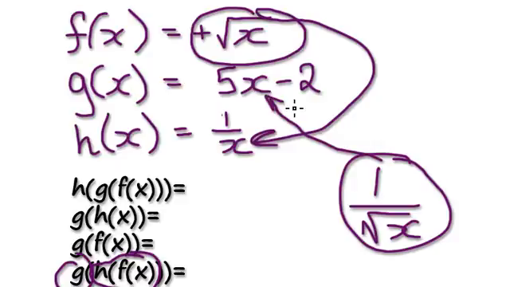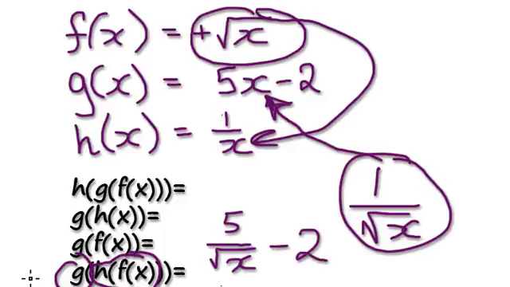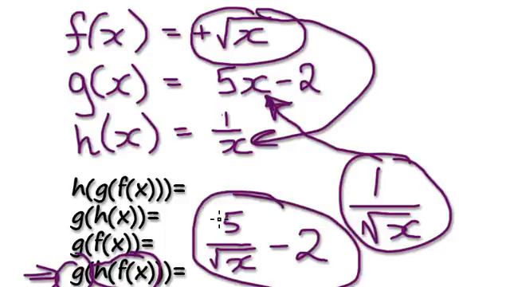I'm going to do it in one go here. So it's going to be 5 over root x, and then minus 2. Okay, so for the last one, this is your answer.